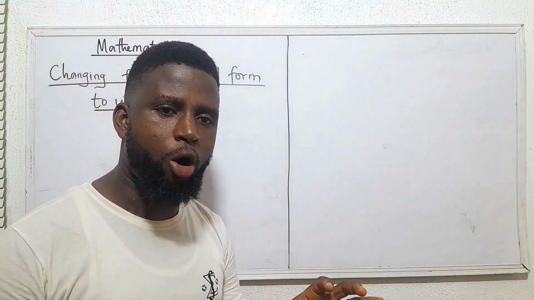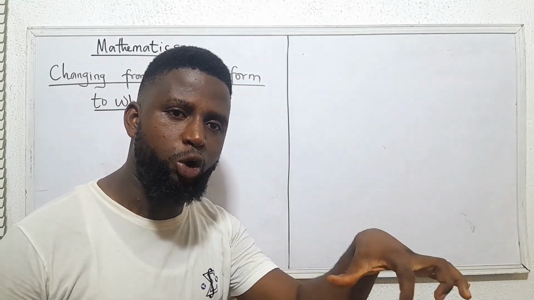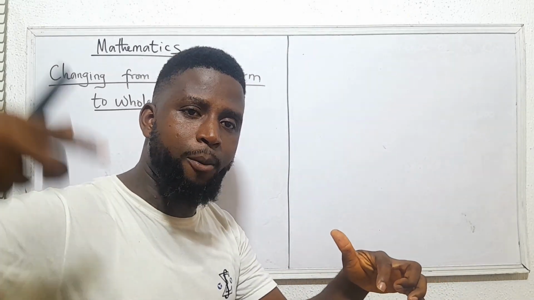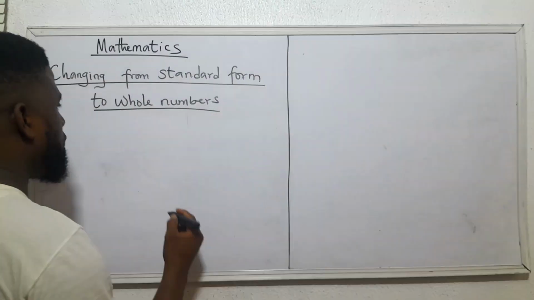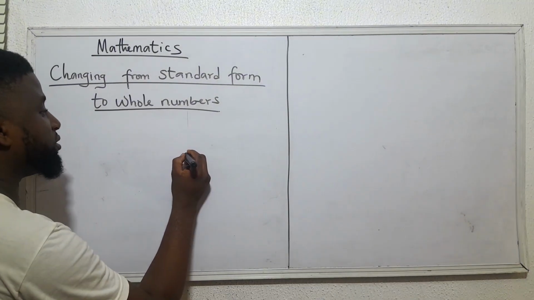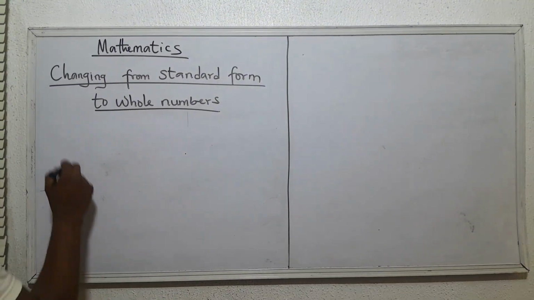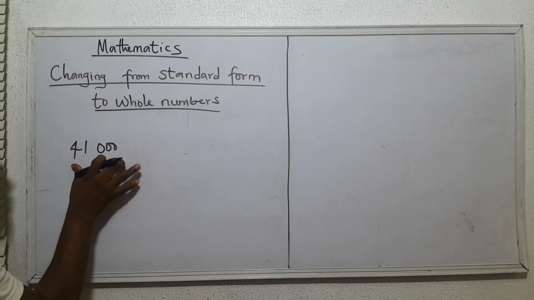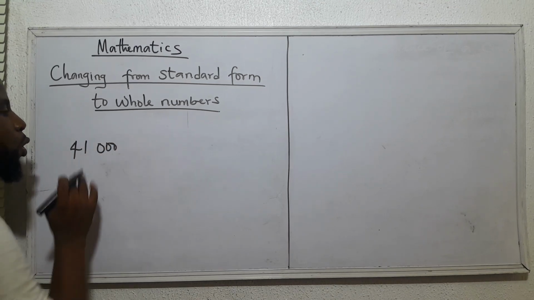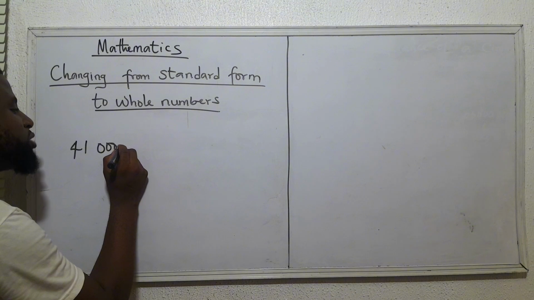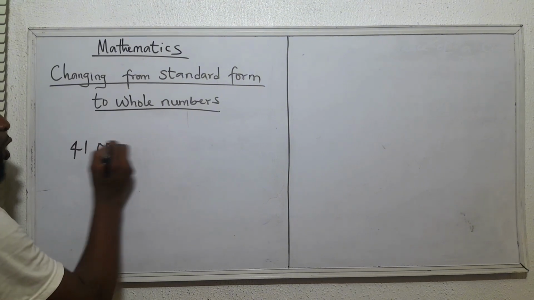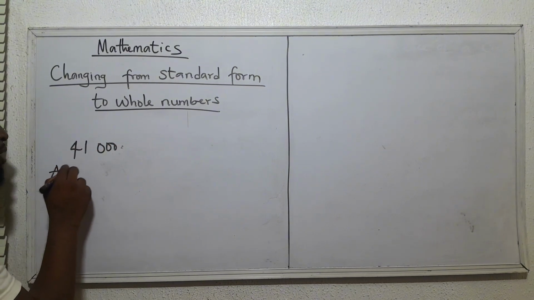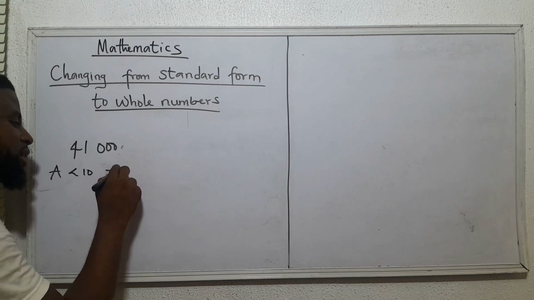Now, recall that to express a whole number in standard form, all we need to do is to shift the place of the decimal point backward. For example, if we have 41,000, to express 41,000 in standard form, what do we do? We need to shift the place of the decimal point backward until we arrive at a number less than 10 and greater than 1.